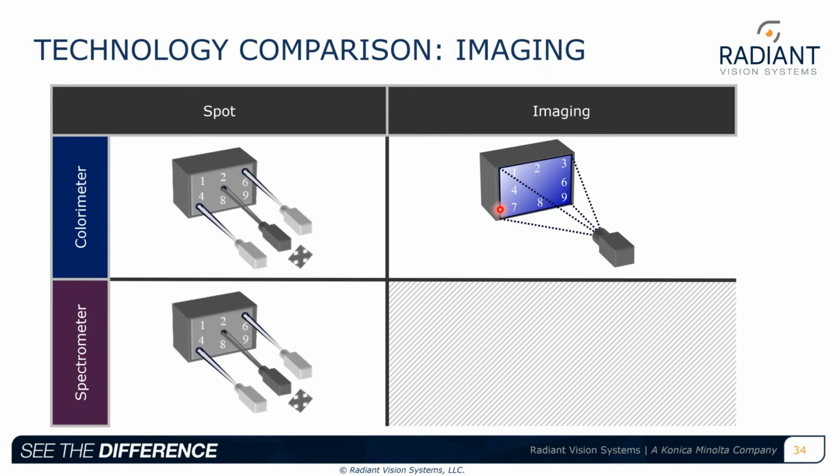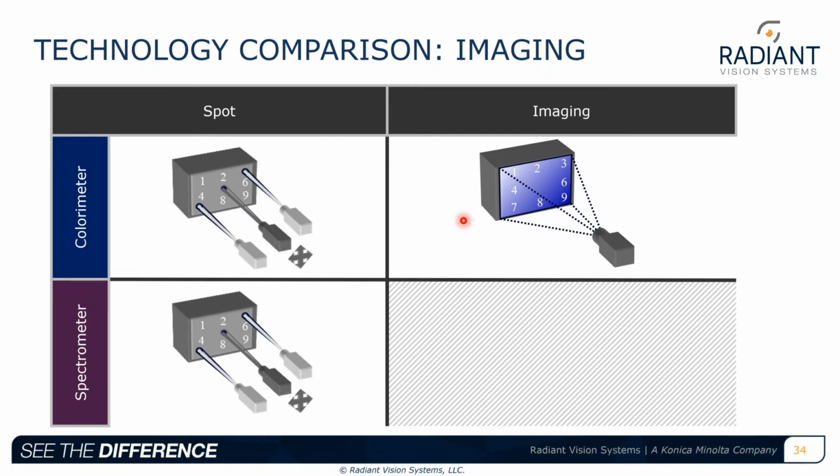This is compared to an imaging colorimeter, where rather than taking a discrete point, you're able to image an entire scene using millions of pixels. So an imaging colorimeter, and this is what Radiant specializes in, uses a CCD. A CCD is an array of photodetectors, and the CCD itself only measures amount of light, so nothing with color.